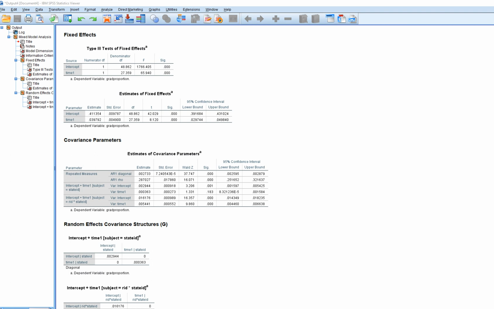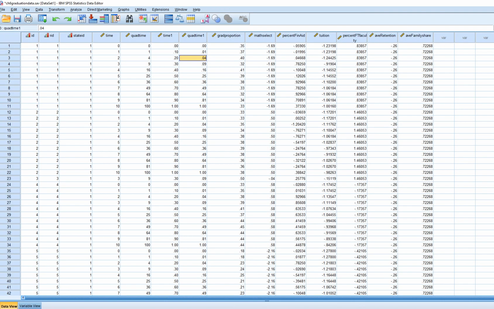So the authors actually continued on by adding in time varying covariates, and the variables that they incorporated were tuition, in other words, reflecting higher versus lower tuition levels, and percentage of financial aid.